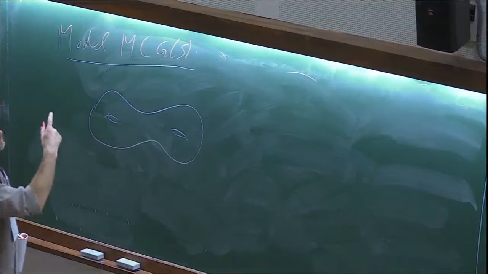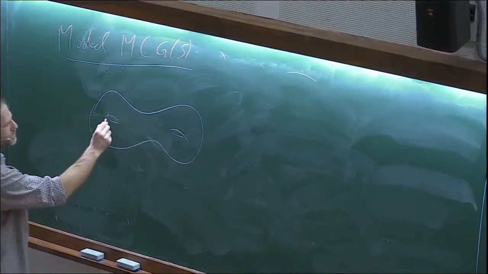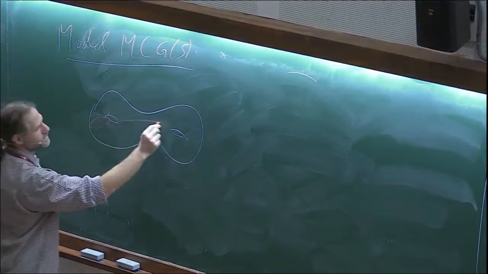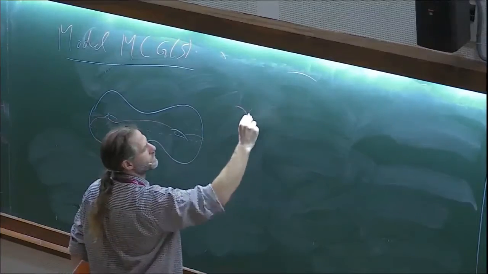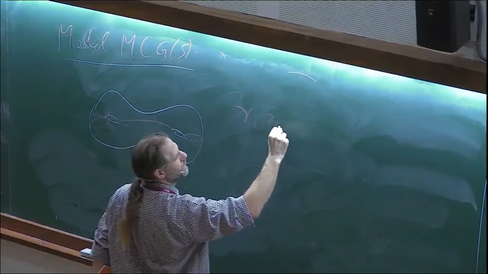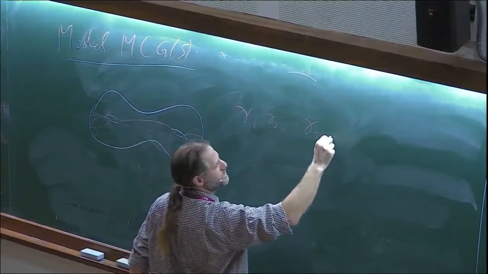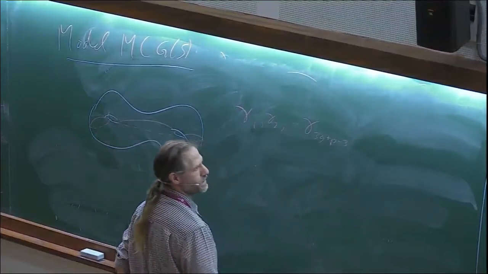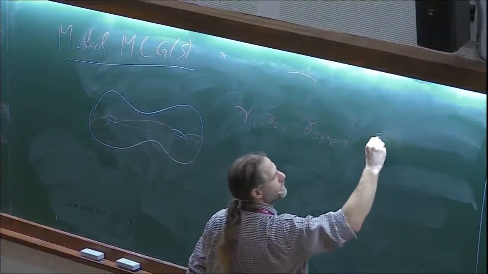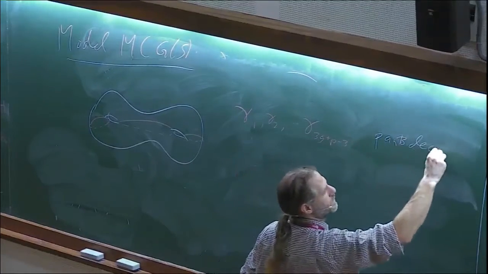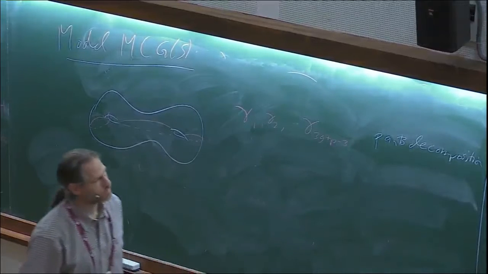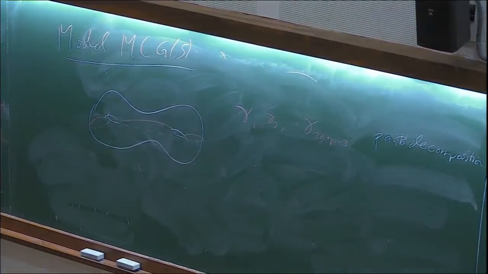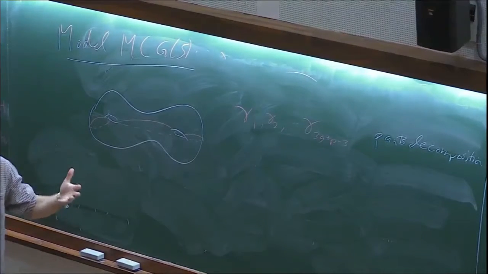To start with, what we want to do is pick a pants decomposition of our surface. So choose gamma 1 up to gamma 3g plus p minus 3, which form a pants decomposition. And what you'd like to say is, well, that almost already tells you everything that you want to know about the mapping class group.